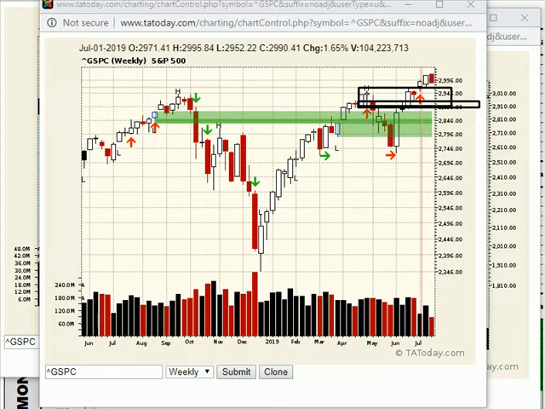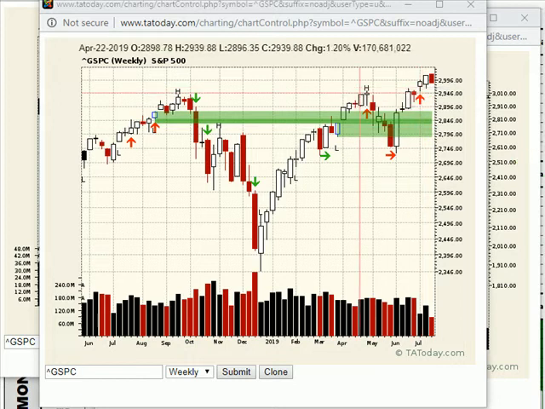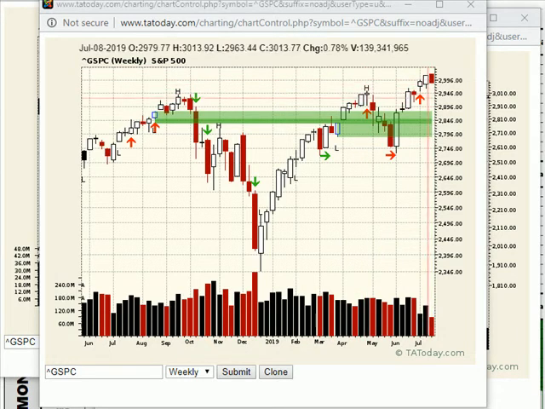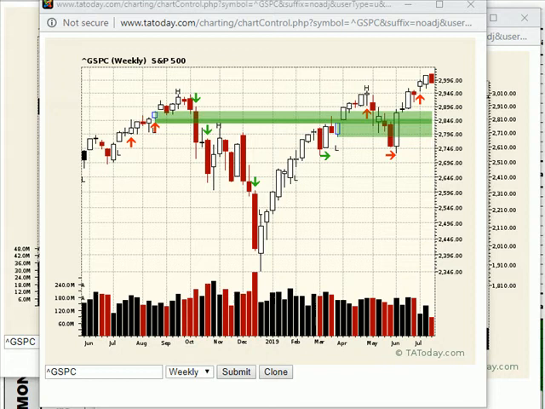And so that bottom, if we look at the numbers, is about 2,900. And so we're sitting at roughly 100 points away. So even though it doesn't look that far on this chart, it's actually a pretty good ways down. And so we could get a roll to 2,900 and still be quite bullish.